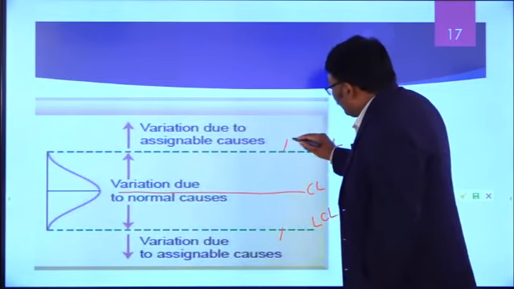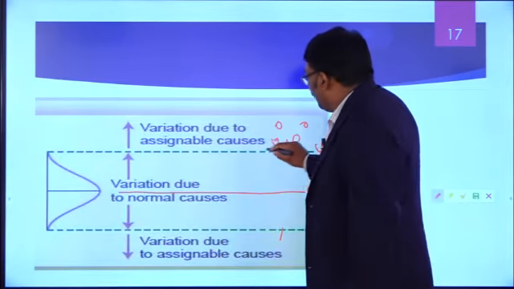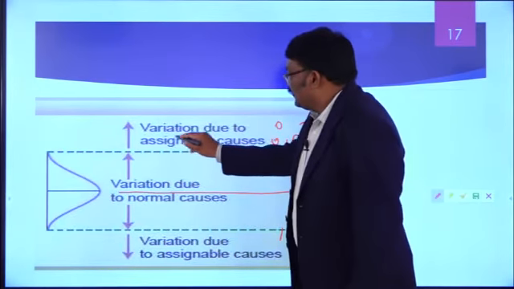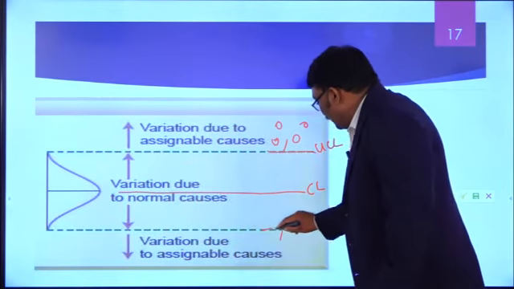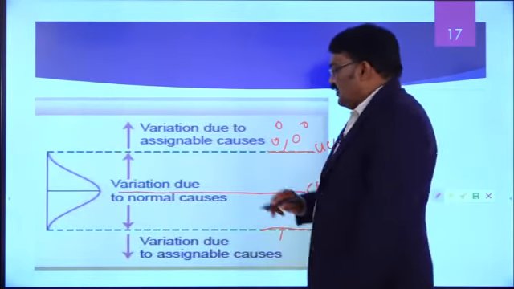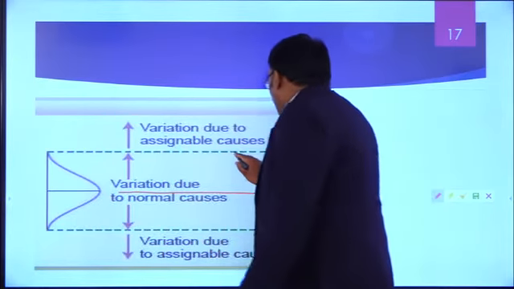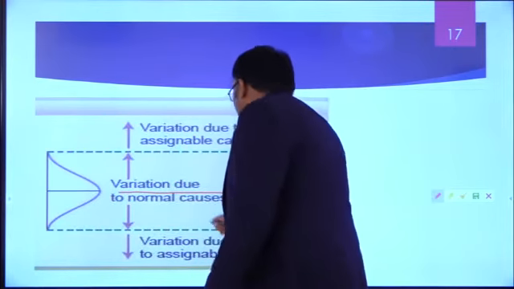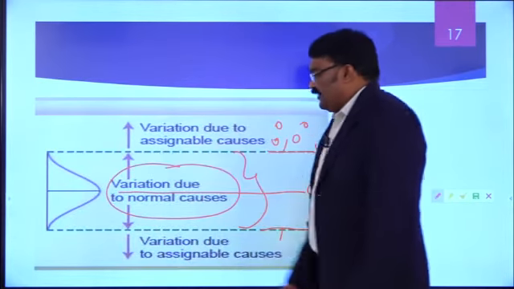So, the products which are identified beyond this particular limit are due to the variation due to the assignable causes, and similarly the products which are below this are also because of assignable causes. All these products which are under this are variation due to normal causes.